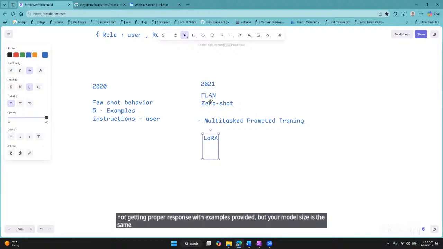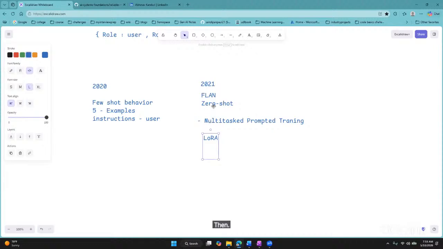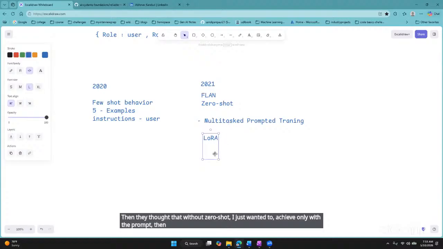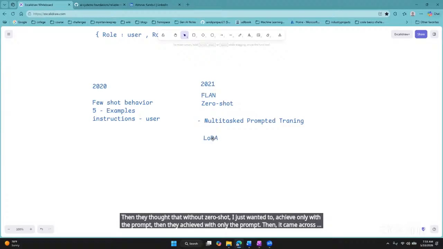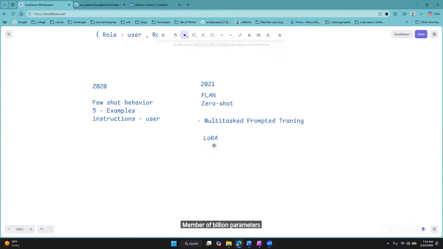Then they targeted the response with zero shot and it was achieved. Then they thought, without zero shot, I just want to achieve it only with the prompt. Then they achieved it with only the prompt. Then came the weight and size of the model, to reduce the model so that they can train with a larger number of billion parameters on the same compute engine.